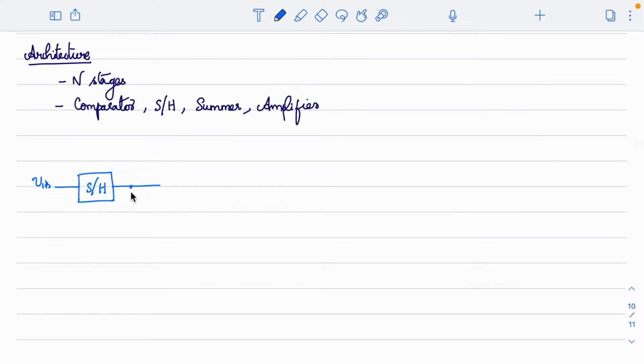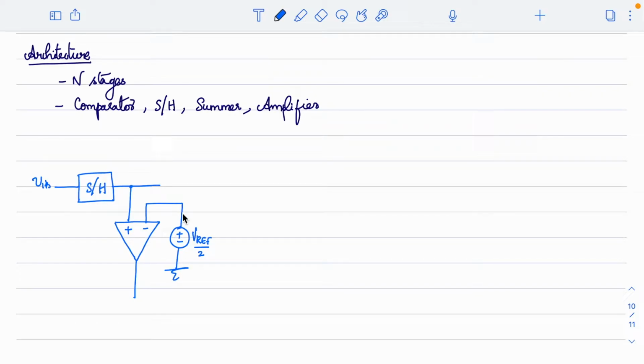This sampled output will be compared, using this 1-bit ADC or comparator, with a reference voltage. And this reference voltage is kept at Vref by 2. That is the standard reference voltage we use.